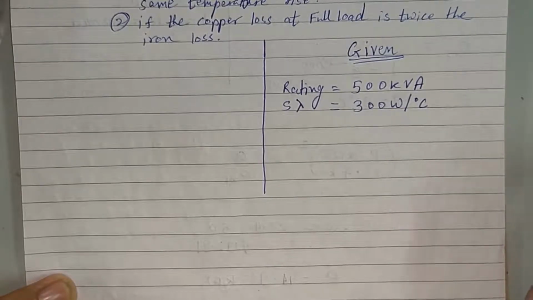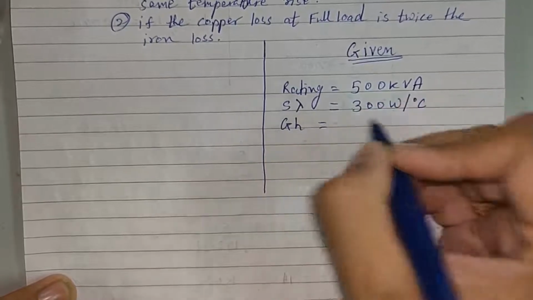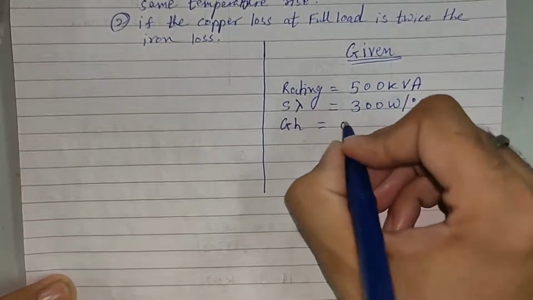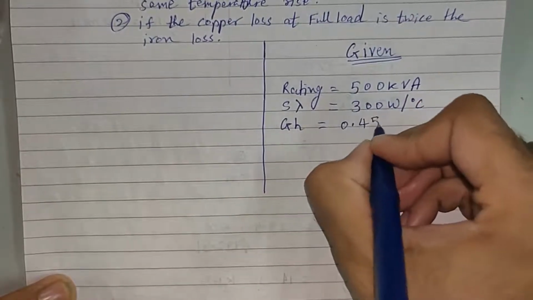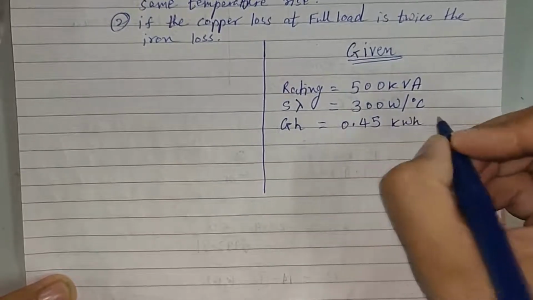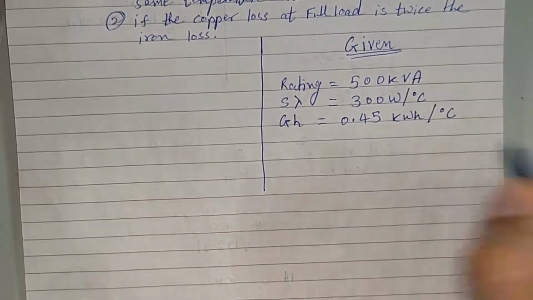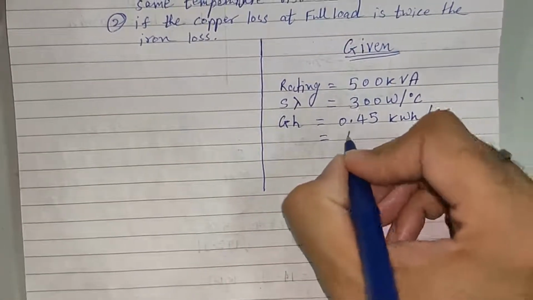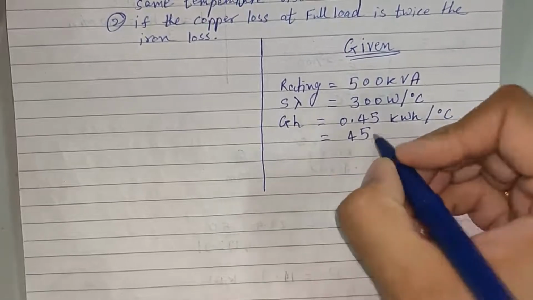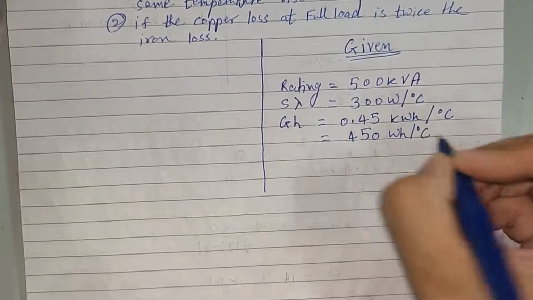The value of GH is given to us, which is 0.45 kilowatt hour per degree centigrade, which could also be written as 450 watt hour per degree centigrade.